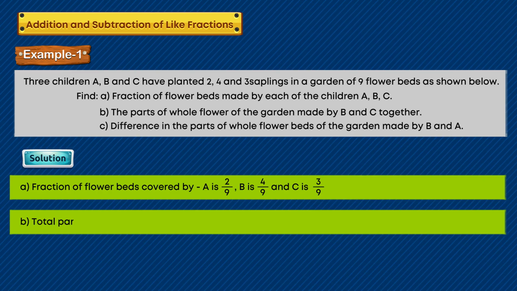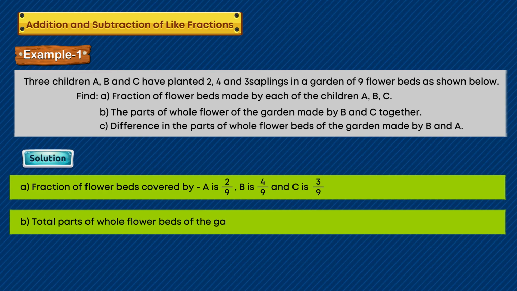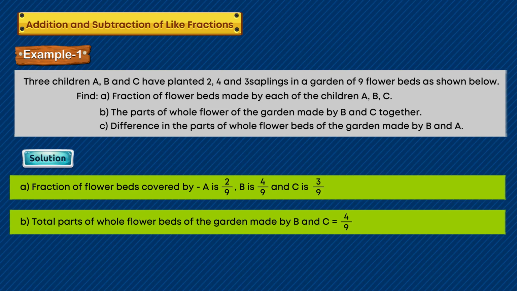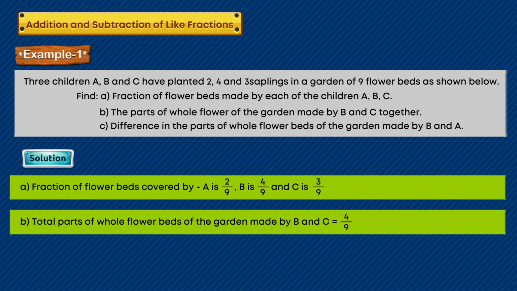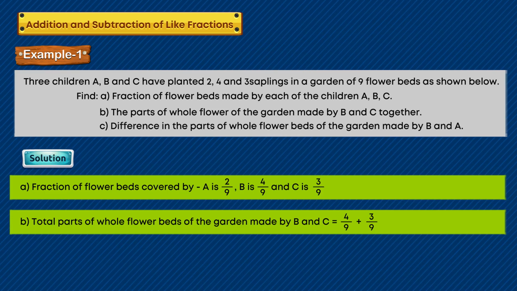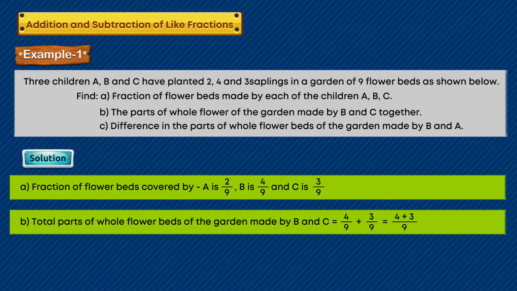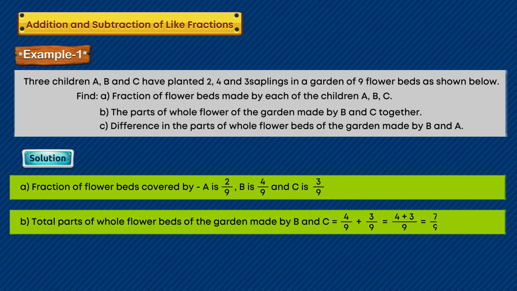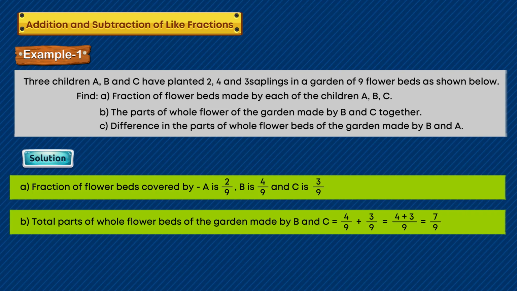B. Total parts of whole flower beds of the garden made by B and C is equal to 4 by 9 plus 3 by 9 is equal to 4 plus 3 by 9 is equal to 7 by 9.